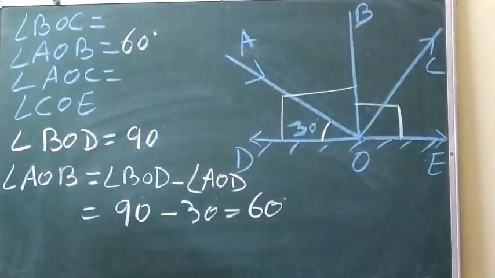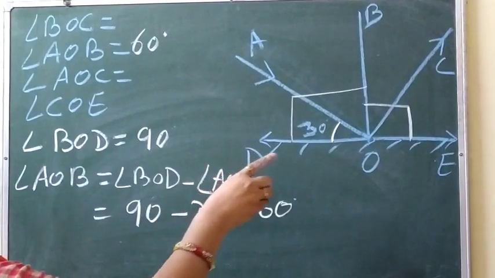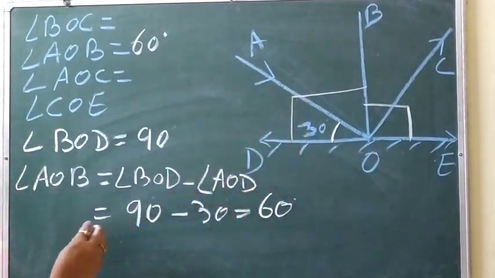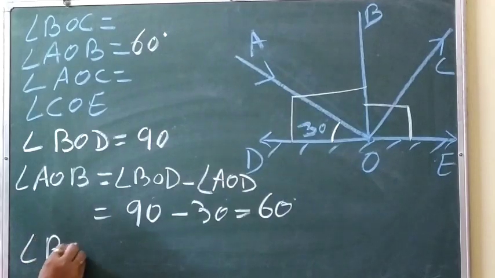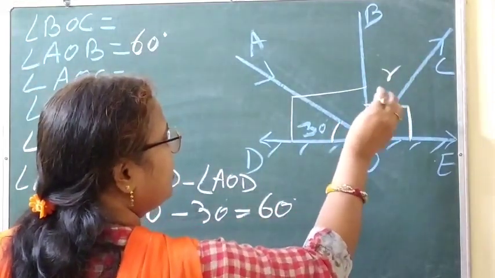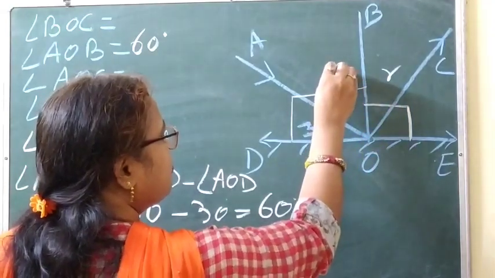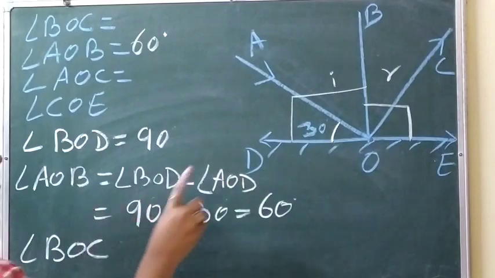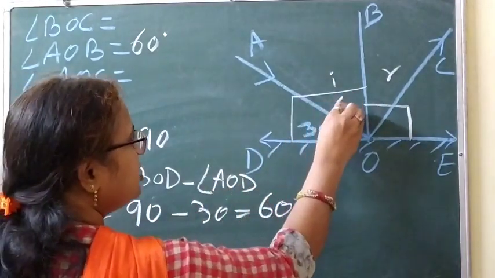Clear? Now the next is that what we have to find out? First find out BOC. Clear? BOC is what? BOC is the angle of reflection, and this one is the angle of incidence. Angle of incidence is equal to the angle of reflection. So this value is 60 degrees.